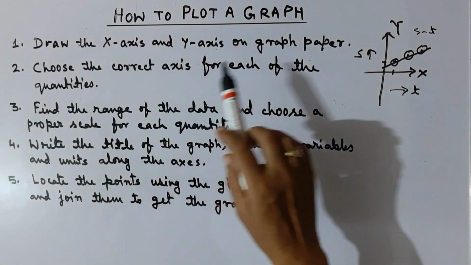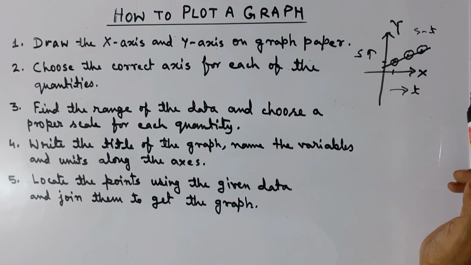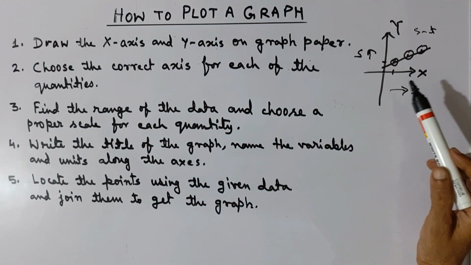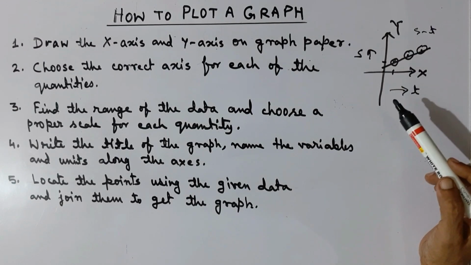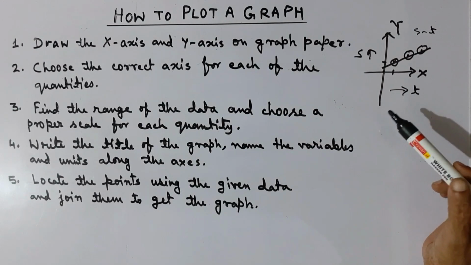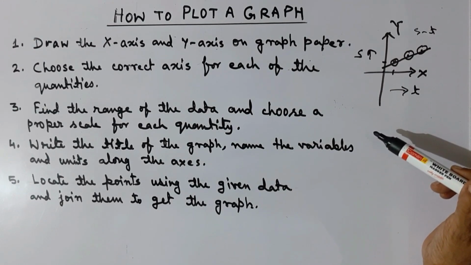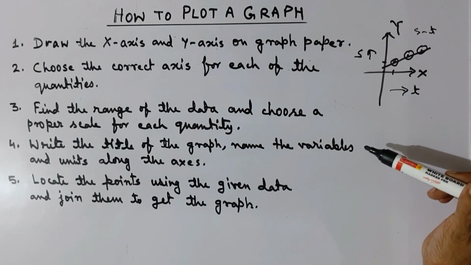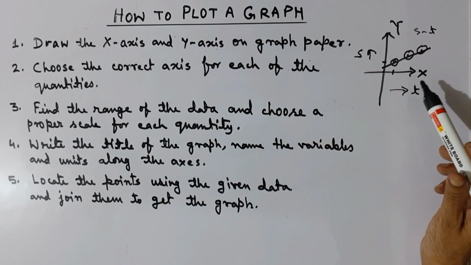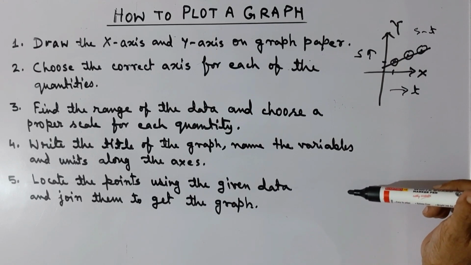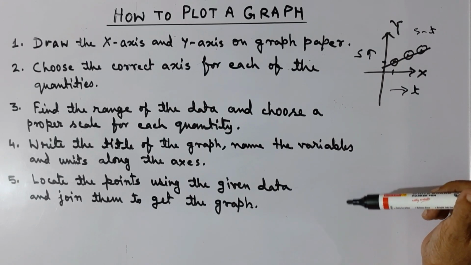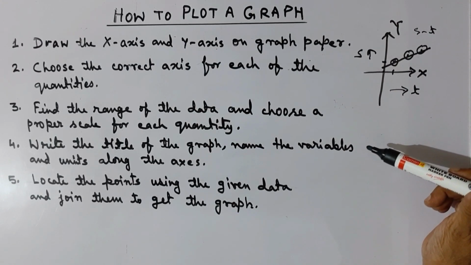First of all, we draw the x-axis and y-axis on graph paper. Choose the correct axis for each of the quantities. Find the range of the data and choose a proper scale for each quantity. Write the title of the graph, name the variables and units along the axis. Locate the points using the given data and join them to get the graph. That's it.